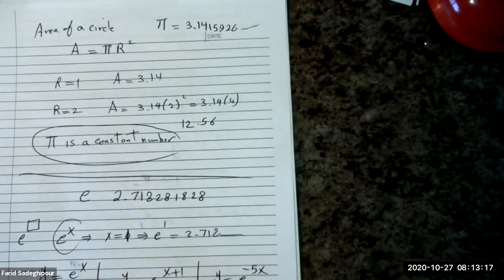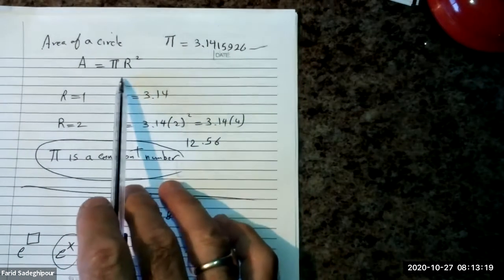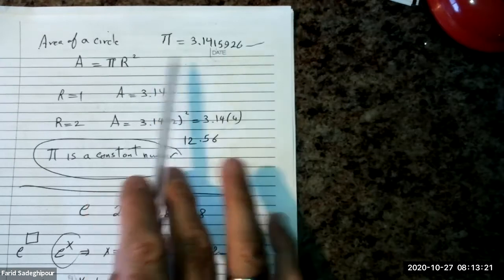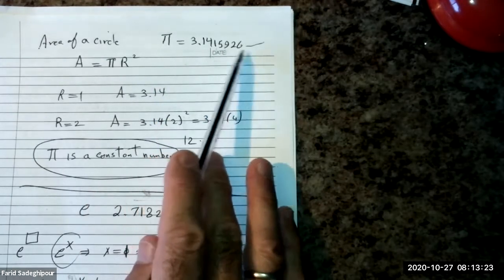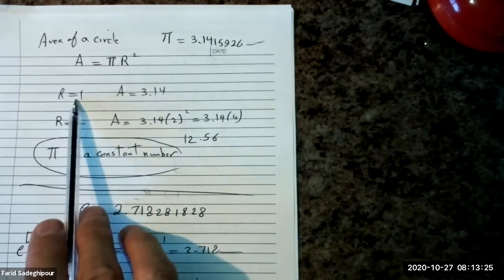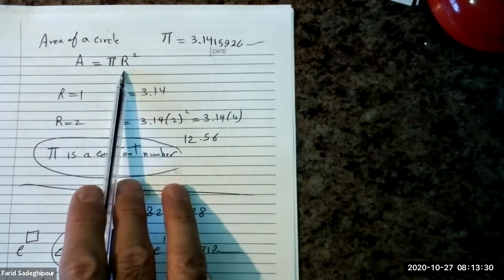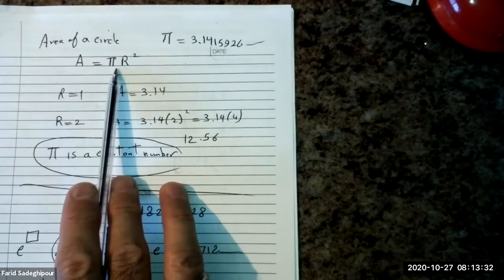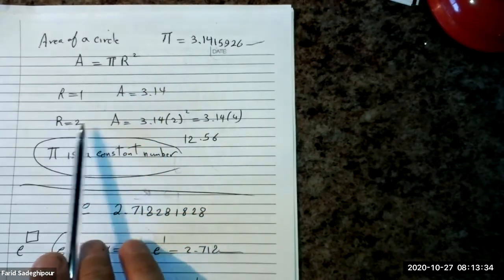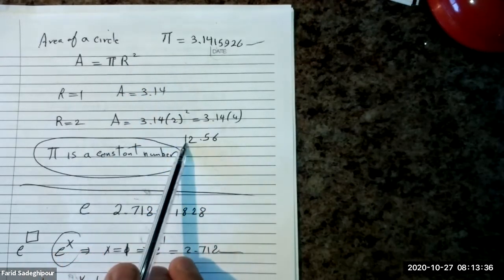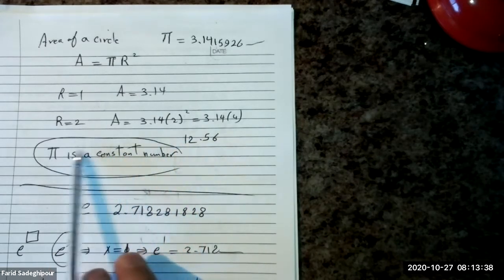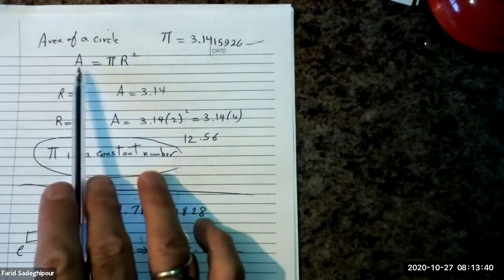Like the area of a circle is pi r squared, where pi is 3.1415. When the radius r is 1, you substitute that here: 1 to the power of 2 is 1, times pi. When r is 2, the area increases. In this formula, first of all, it is a direct variation.